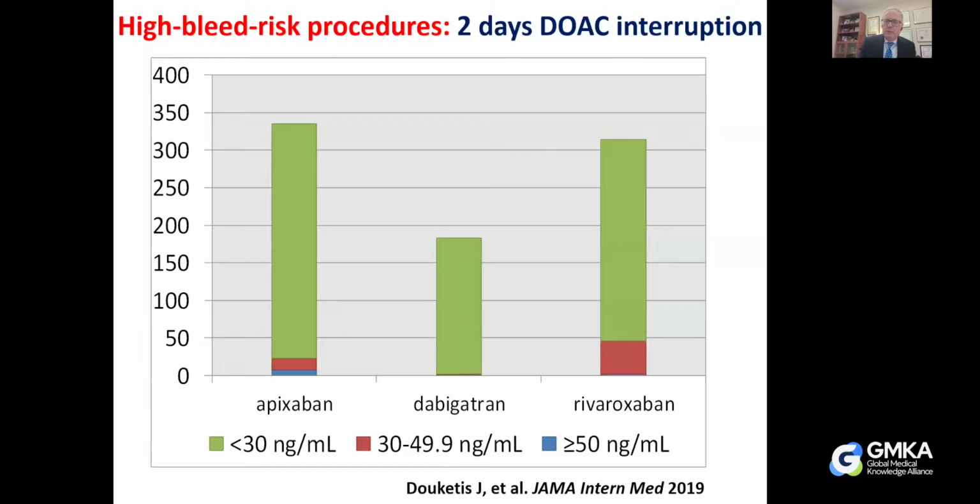And you'll see that the vast majority of patients have a level that is less than 30, which, by the way, means that it's not detectable. It's below the lower limit of detection of the assay. And then a very small number have a level between 30 and 50, which many of us consider not clinically important, but debatable, and then very few with a level over 50.